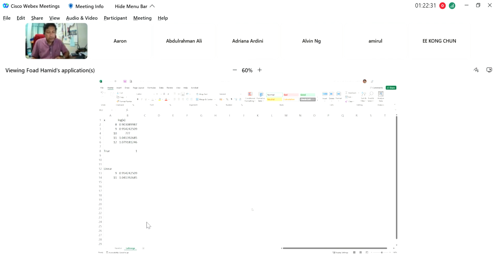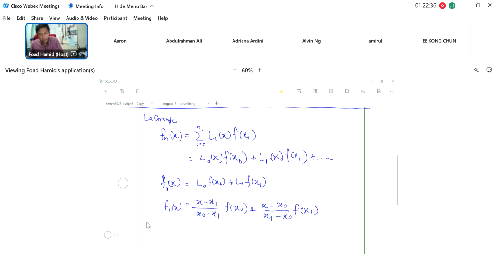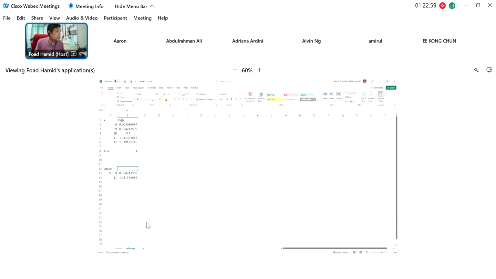So we are going to use this formula here, okay, to calculate, because we know our x1, we know our x0, and we also know our fx0. Okay, fx1 is known. So this is our x, this is our fx, fx naught, fx1. So we need to calculate what is our L naught and our L1.